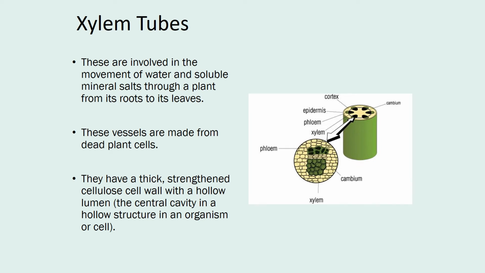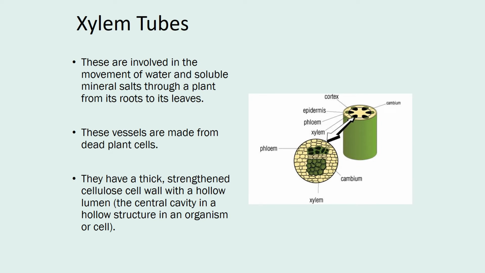The vessels or the tubes are made up of dead plant cells. Now, this will be the only specialized plant cell that you need to know about that is made of dead plant cells. That is important because, as you can see in the third bullet point, it allows them to have thick, strengthened cellulose cell walls, okay, with a hollow lumen. That's the bit in the middle.